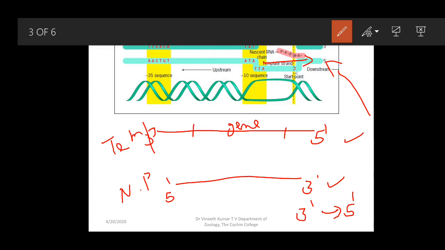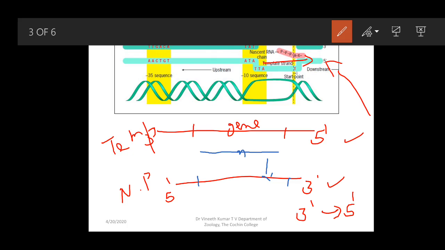So a particular DNA strand which has more or less a similar sequence to that of the mRNA is usually termed a sense strand. Here, when a particular gene is being transcribed, you get an mRNA, and this blue one is our mRNA, and this mRNA will have a sequence which is complementary to this particular strand.